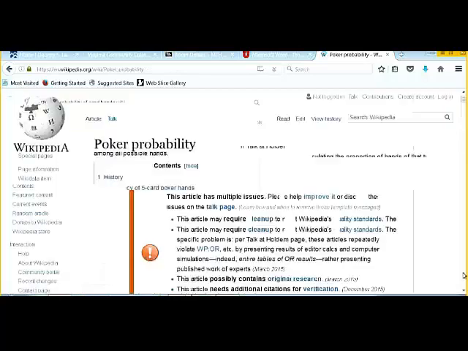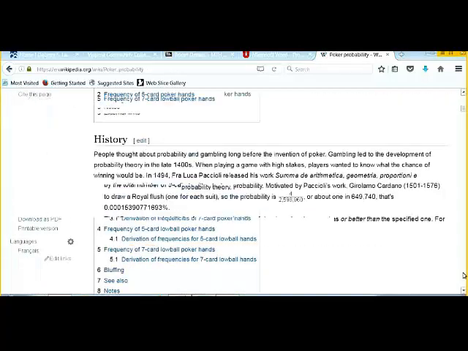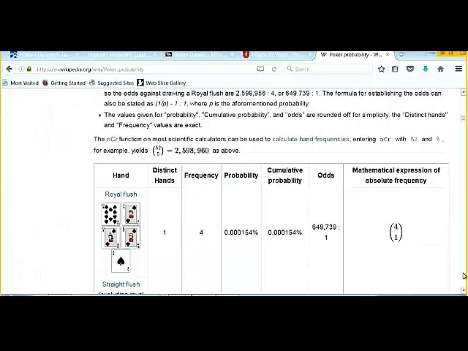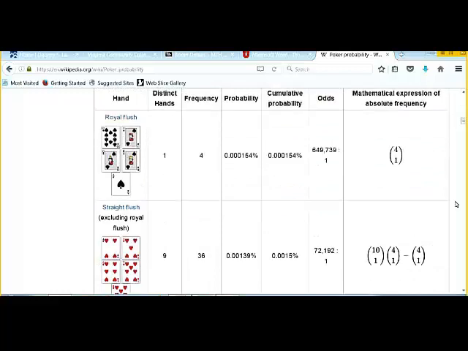And if you look at this somewhere down here, they tell you, okay? So here's the royal flush, and there are 4 out of about 2.5 million different card hands.